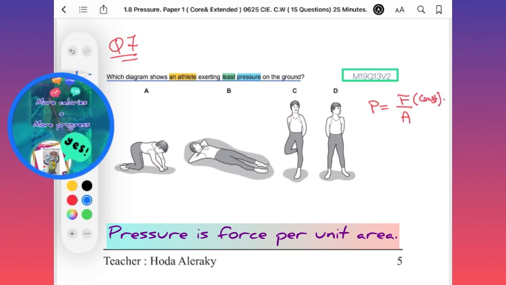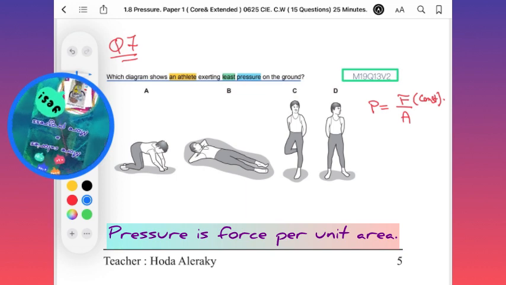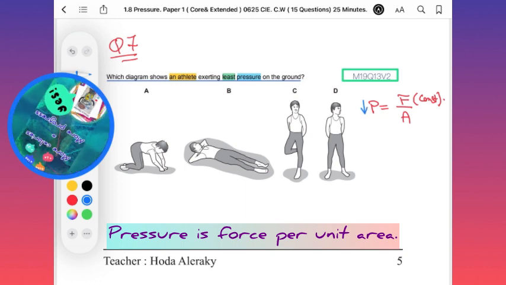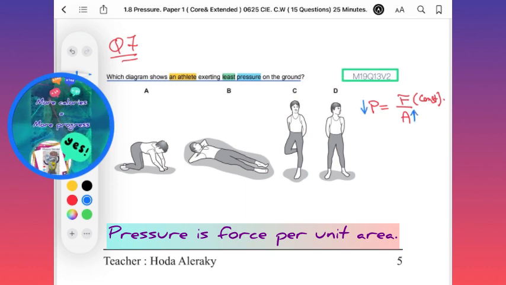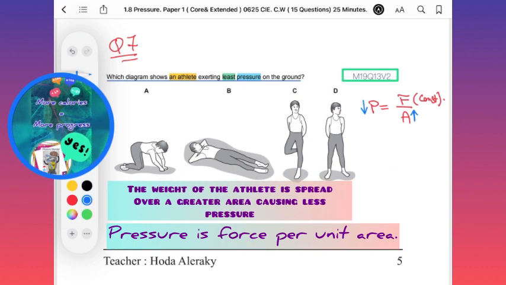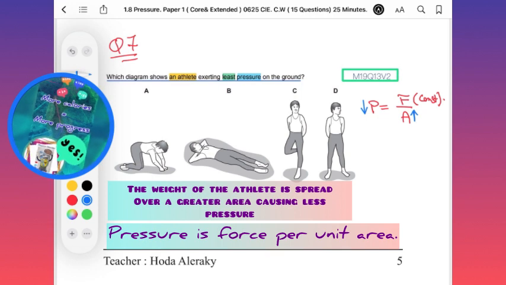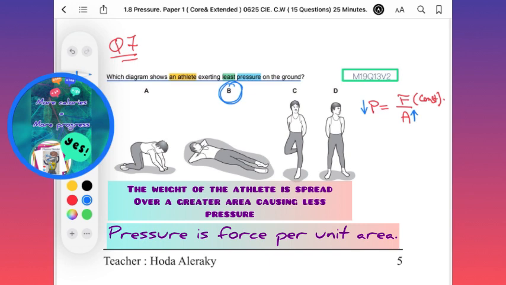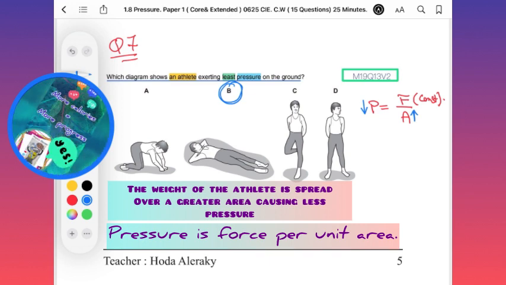Okay, so when you compare, here you are looking for least pressure. So pressure decreased means base area increased. So which case here, the contact area is greatest in position B. Okay, so the pressure will be least pressure.